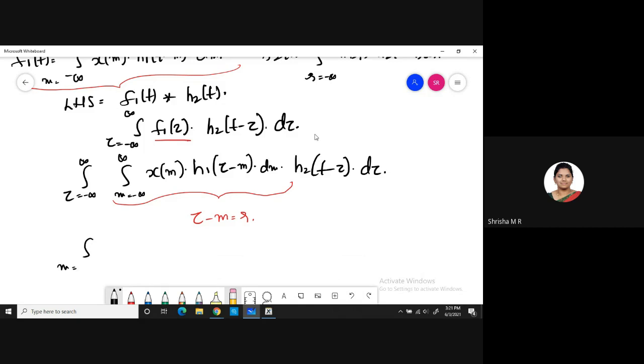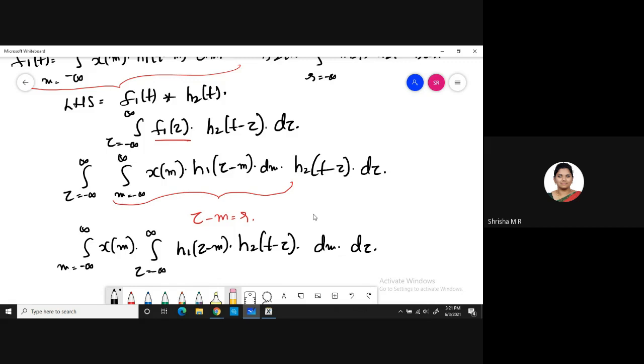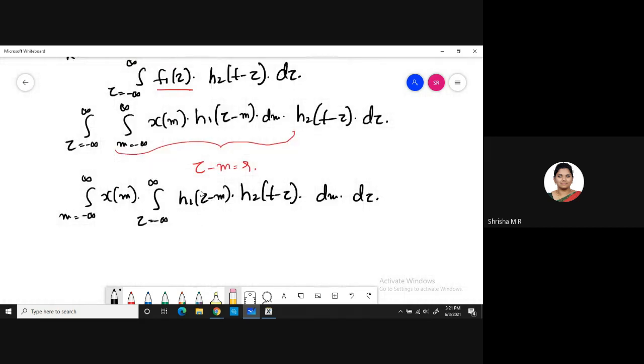So m is equal to minus infinity to infinity, and we have x of m, integral tau is equal to minus infinity to infinity, you have h1 of tau minus m into h2 of t minus tau into dm into d tau. This is what we have. Now in this step, I'll replace this tau minus m with r. Okay, tau minus m is equal to r.